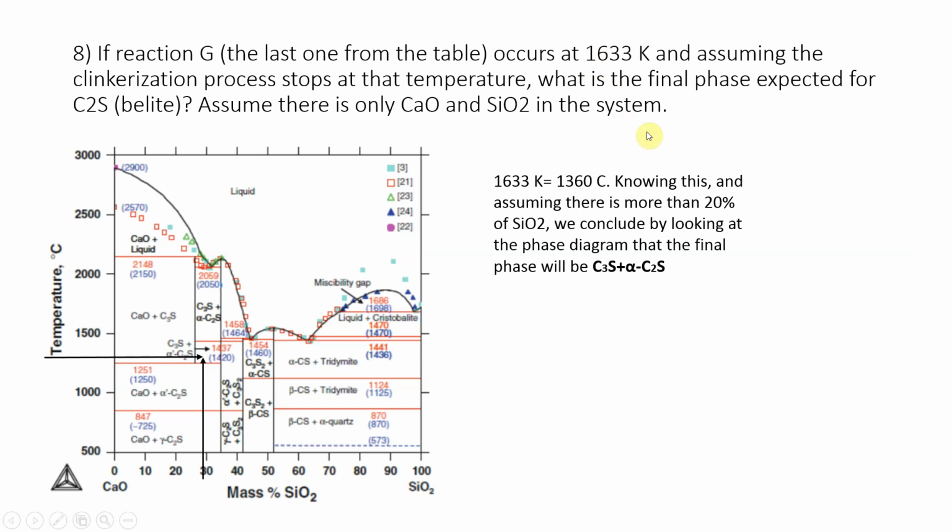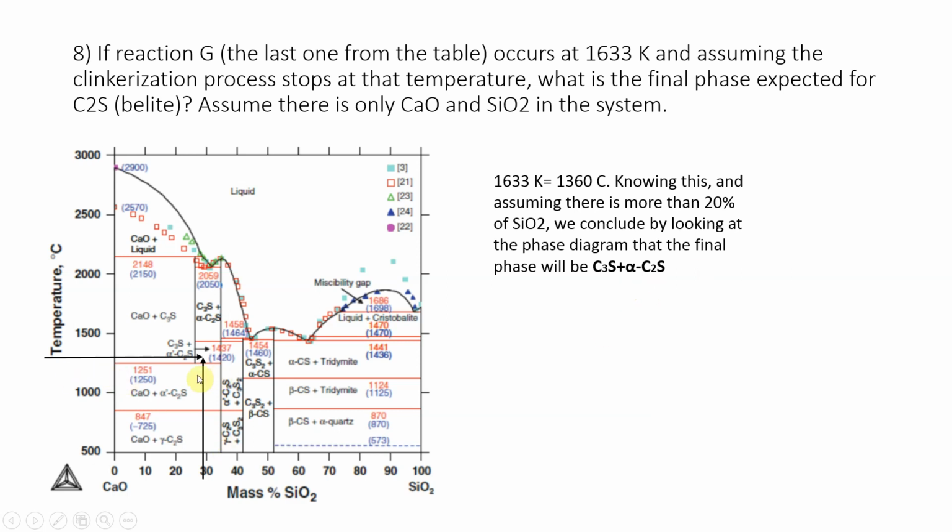We just subtract 273 and we get 1,360 Celsius. We're also assuming that there's more than 20% of SiO2, as instructed by the professor. We conclude by looking at the phase diagram that the final phase will be C3S plus alpha-C2S.